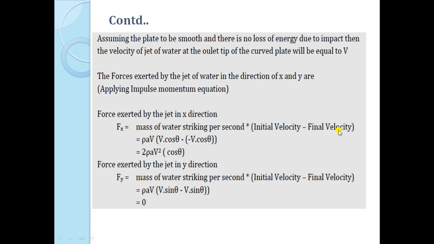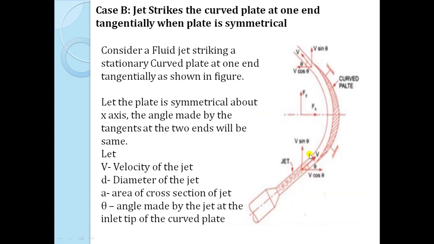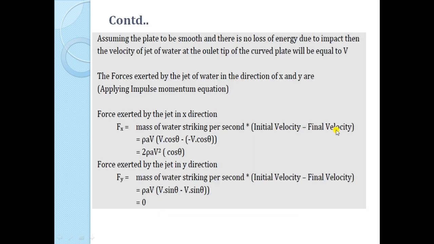The mass of water striking per second here is rho AV. Initial velocity is the horizontal component, which is v cos theta, and final velocity is minus v cos theta. Why? Because this component is opposite to the initial direction. So, final velocity here we have considered as minus v cos theta.